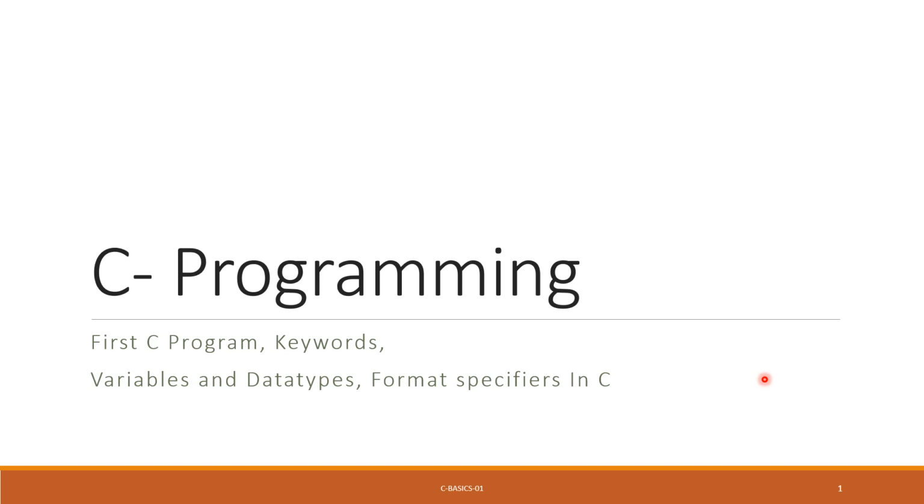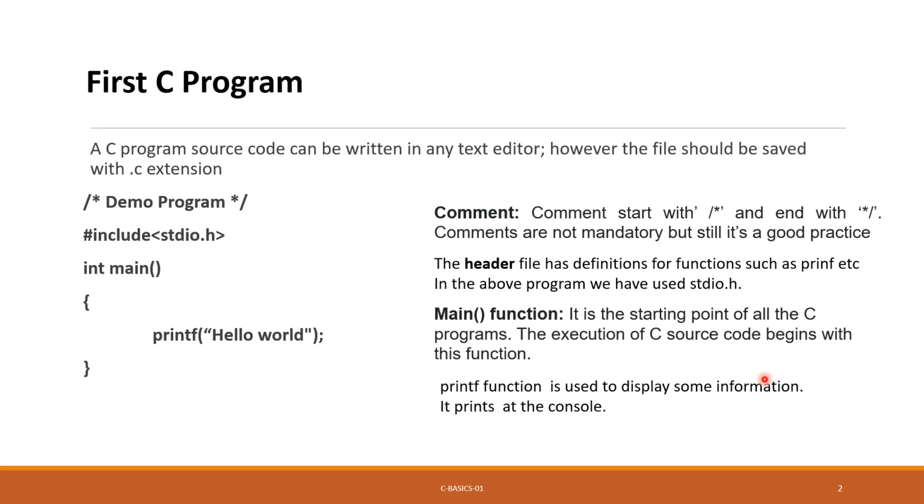To start this presentation, I would like to take a small program that we usually use when we introduce any programming language, that is the Hello World program. As you can see, this program has three different parts. The first part is the comment part.